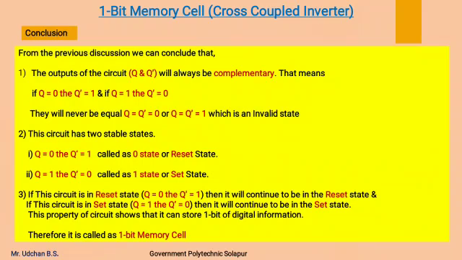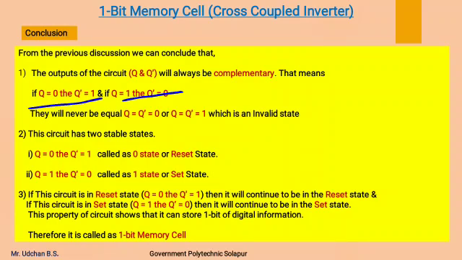So based on this operation, we can conclude that the outputs of the circuit, that is Q and Q complement, are always complementary with each other. That means if Q is 0, Q complement will be 1, and if Q is 1, Q complement will be 0. They will never be equal with each other.